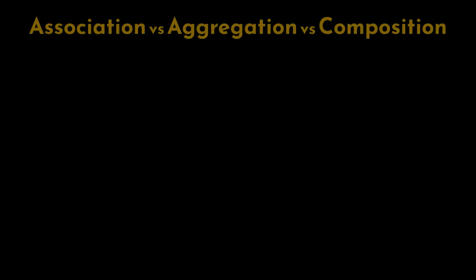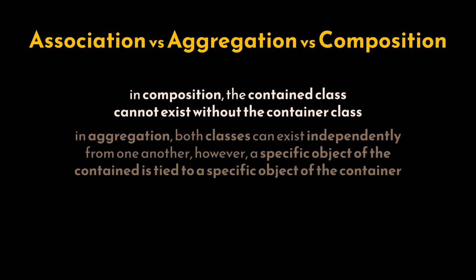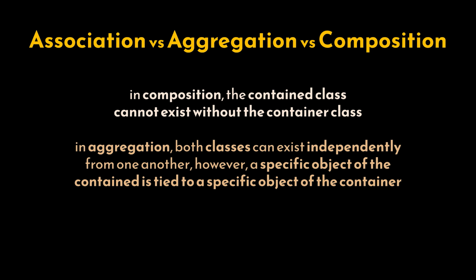To summarize the differentiation between association, aggregation, and composition, you can think of these relationships either at class level or object level. What do I mean by this? Well, concerning composition, the whole sub-account class cannot exist without the bank account class. We have no use for it. For aggregation, both classes can exist independently from one another.